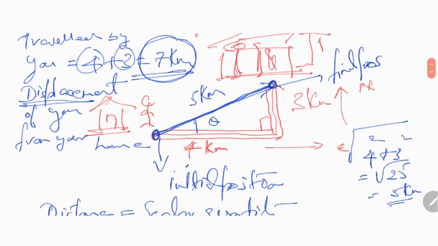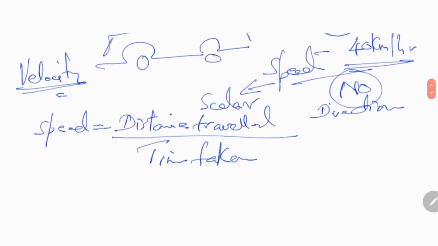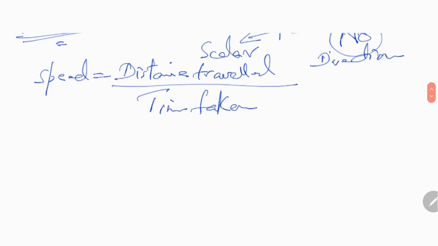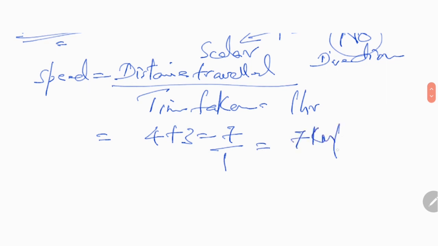Let us say that you traveled 4 plus 3, 7 kilometers, and you took 1 hour to drive to your school. So what is your speed? Distance traveled is 4 plus 3, that is equal to 7, divided by 1 hour, therefore your speed is 7 kilometers per hour, right?